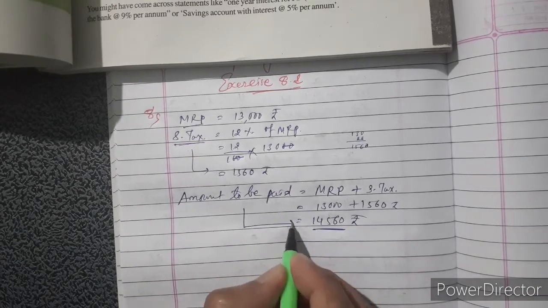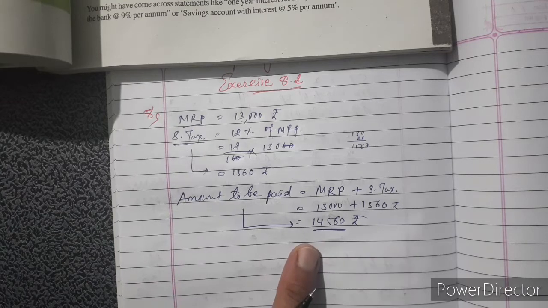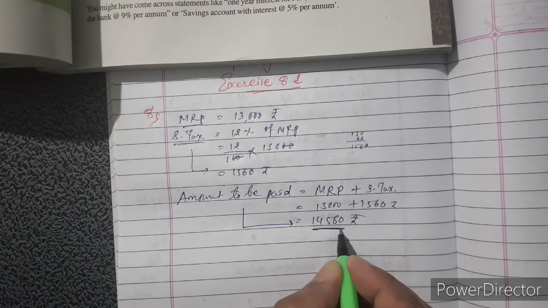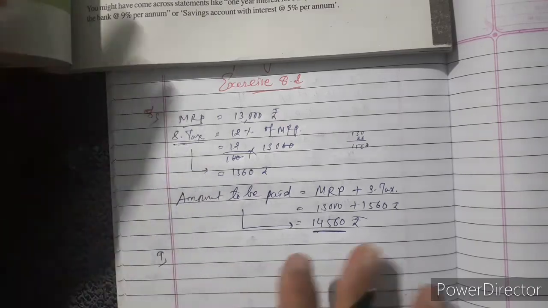That means if you want to buy that TV, you will have to pay 14,560 rupees. Now number 9.